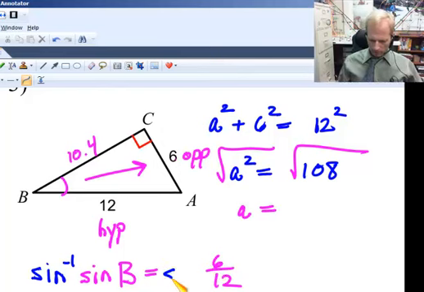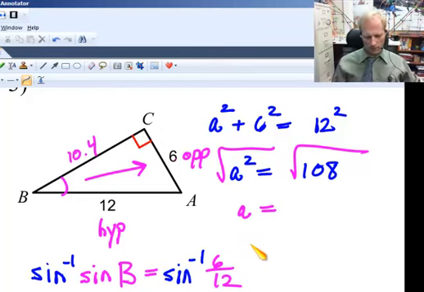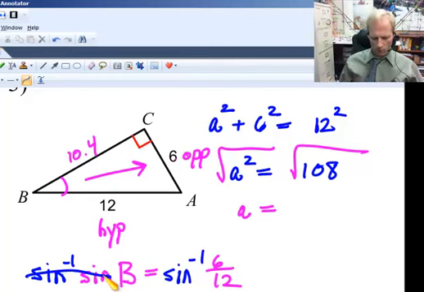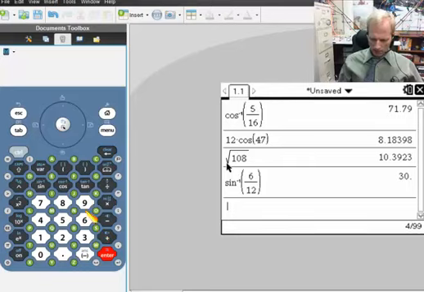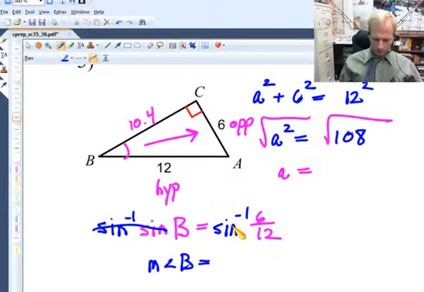I solve for B by doing the inverse sine of both sides of the equation, and that gives me the measure of angle B as being equal to inverse sine of 6 over 12. So I'll do that on my calculator. Second sine 6 divided by 12, and that gives me a 30-degree angle.